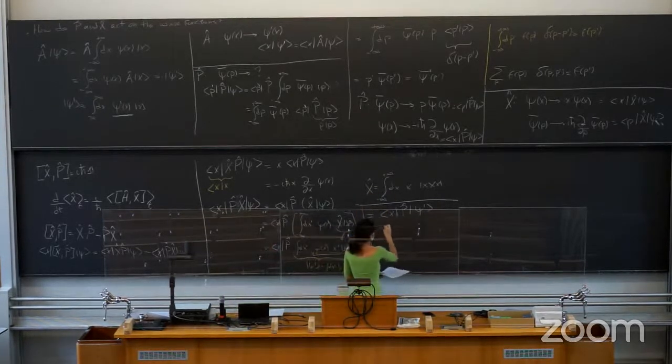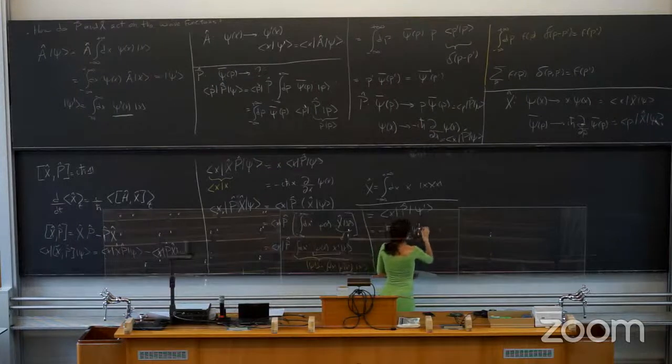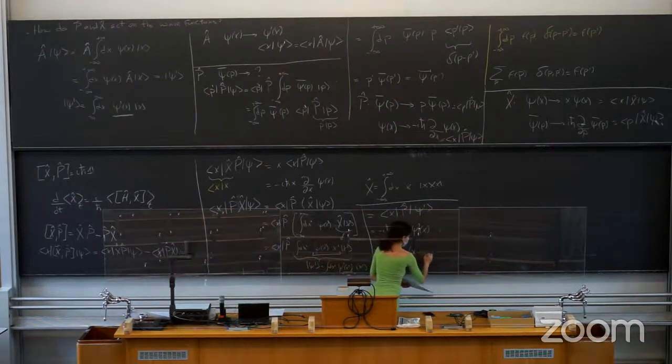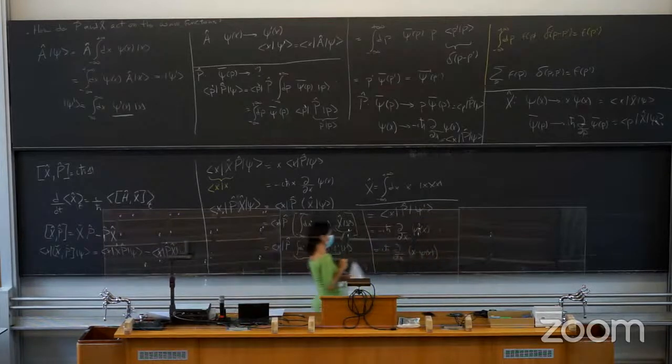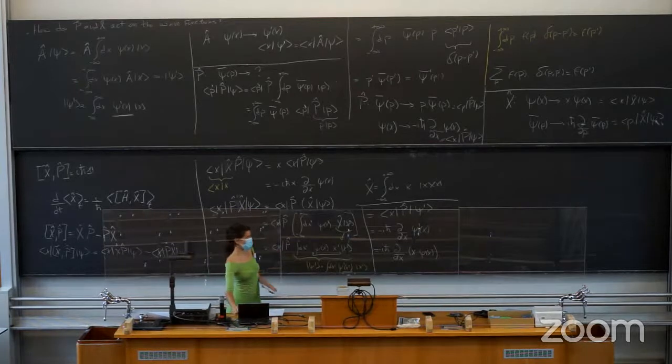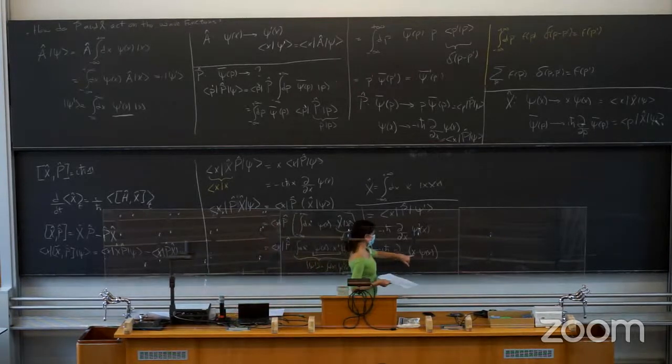So minus i h bar d dx of the new wave function. And what's the new wave function? It was X times the old wave function, right? And now the derivative of a product is the first one times the derivative of the second plus the derivative of the first times the second.